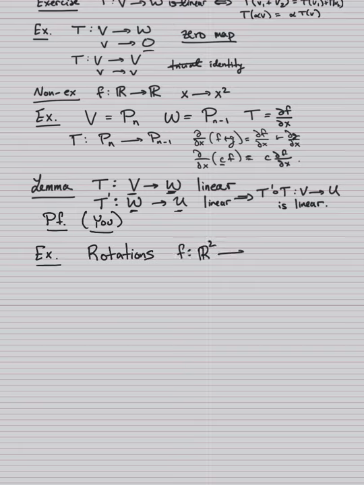So this is a function from R2 to R2, and you rotate the plane around the origin by some number, say alpha, without even giving units or anything. You just do a rotation.